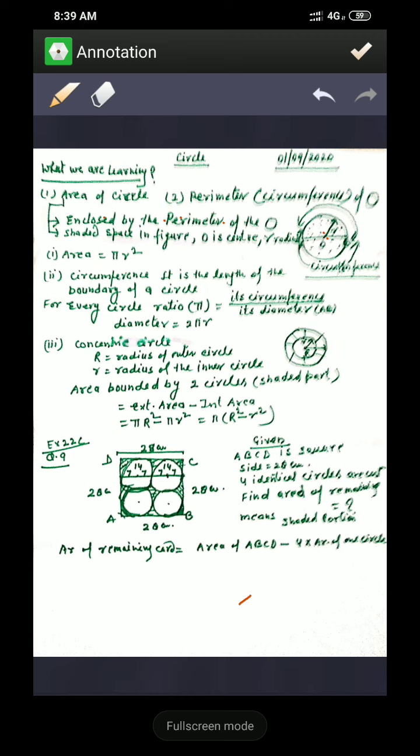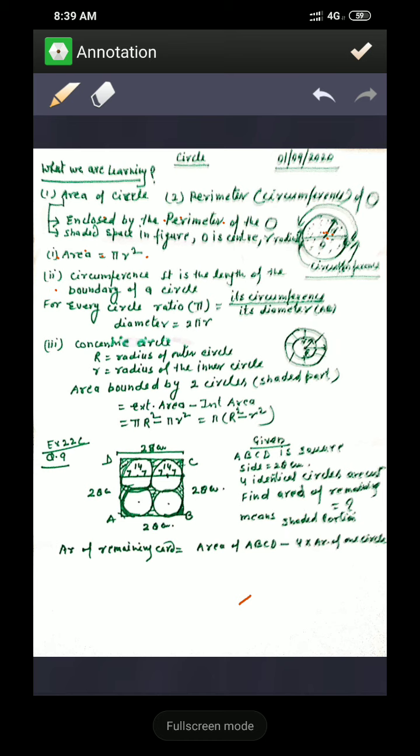O is the center and r is the radius. This shaded or dotted portion is the area of the circle. Clear? So the formula of the area of a circle is area equals pi r square.